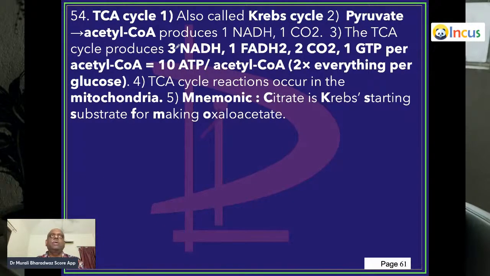So now, citric acid cycle. We'll study the citric acid cycle and call it a day, doctor. Citric acid cycle is also called Krebs cycle. All of us know. Now, what are the steps? Let us see. Pyruvate first becomes acetyl-CoA and produces 1 NADH.